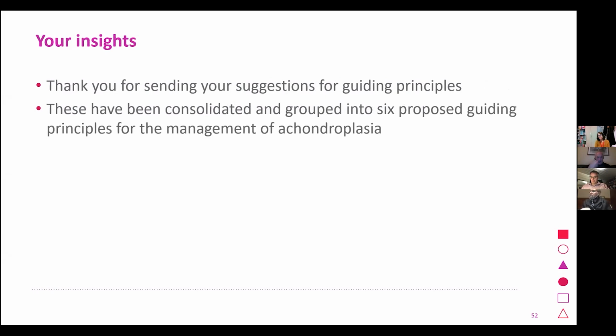Before we had this first meeting, we discussed the guiding principles and put them together, and there are now 6 guiding principles for the management of achondroplasia. So we really take the recommendation from Chris to say keep it simple.